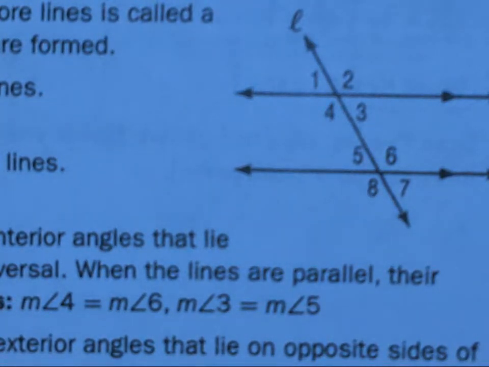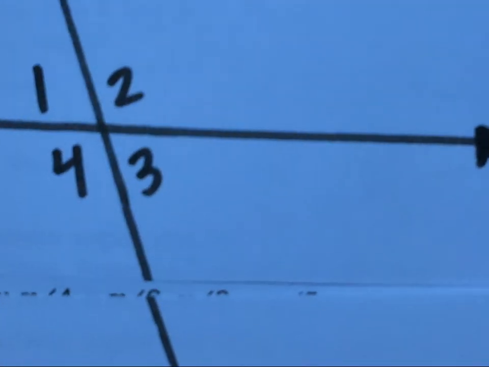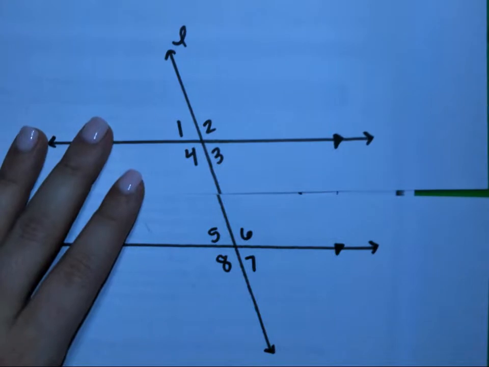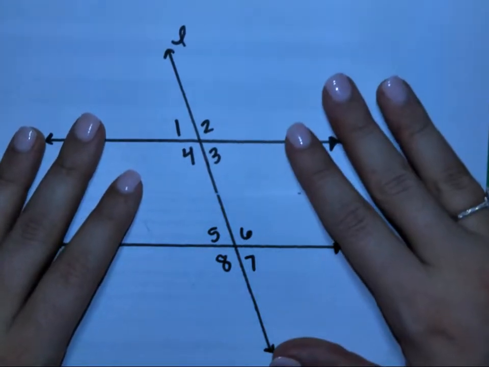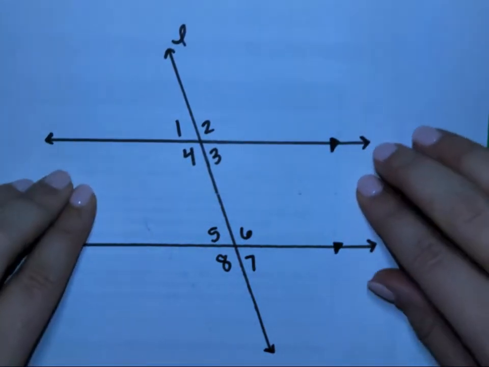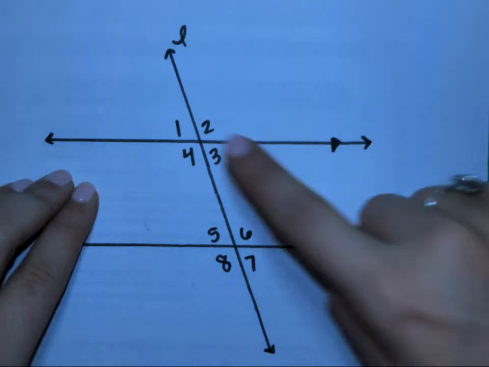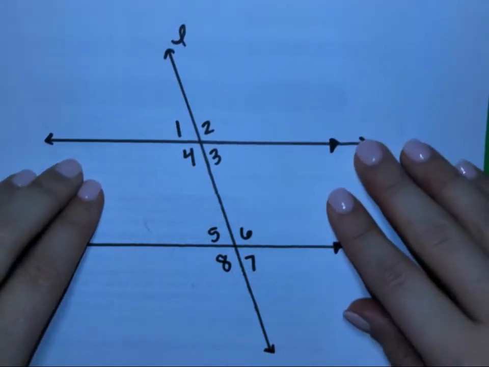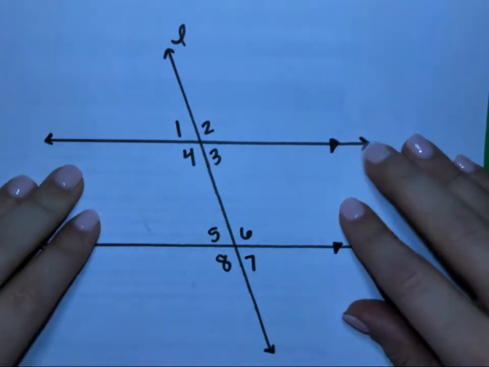Okay, so let's see why all these angles actually are equal. Okay, so if I have my, let me zoom out a little. If I have my two parallel lines that are cut by a transversal, so here's my picture. Okay, my two parallel lines. My line L is my transversal. So remember, when that happens, it forms 8 different angles. Okay.